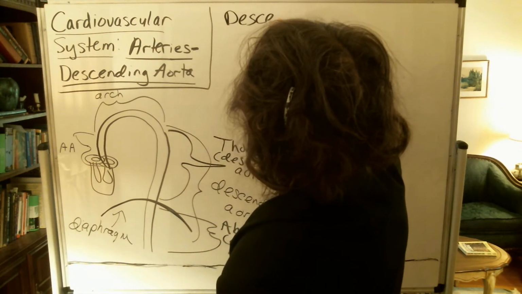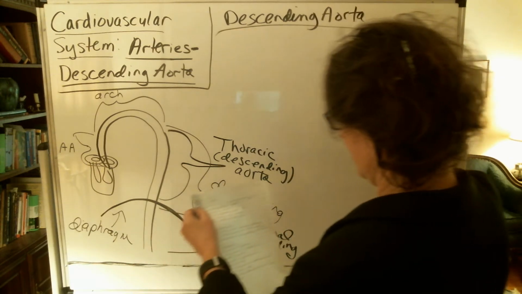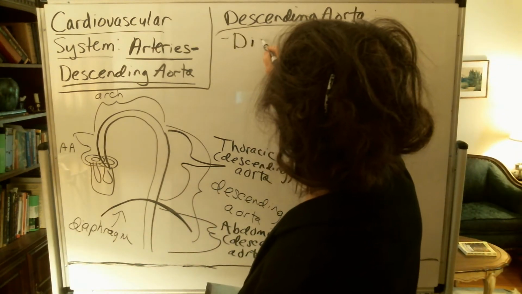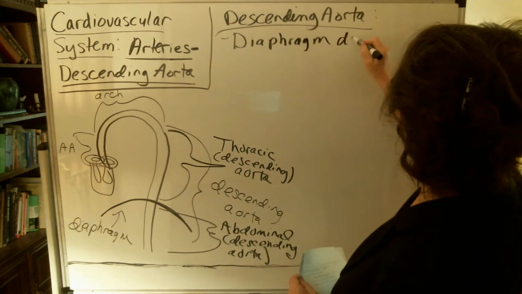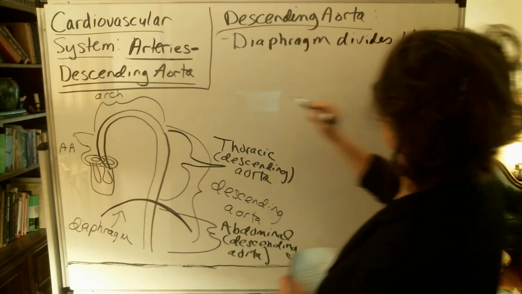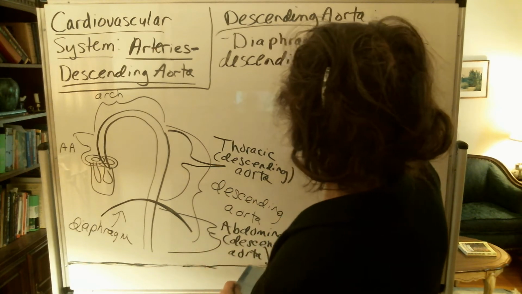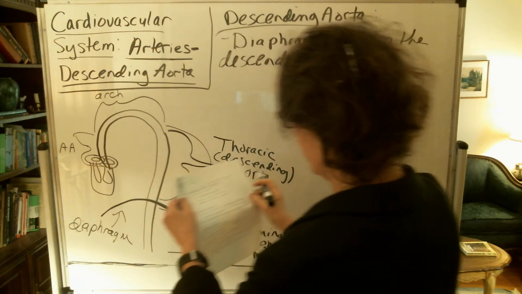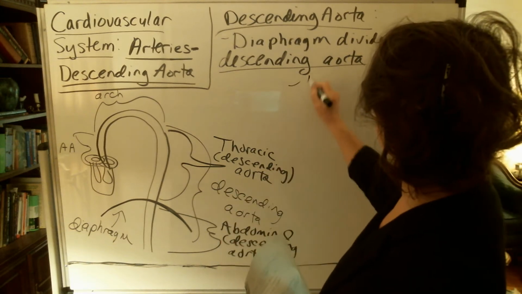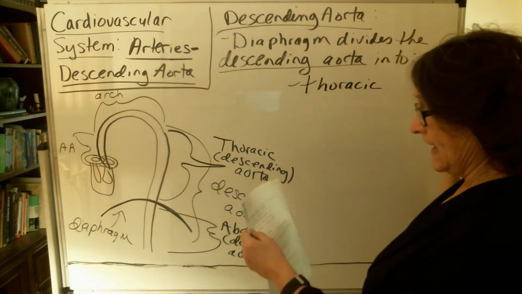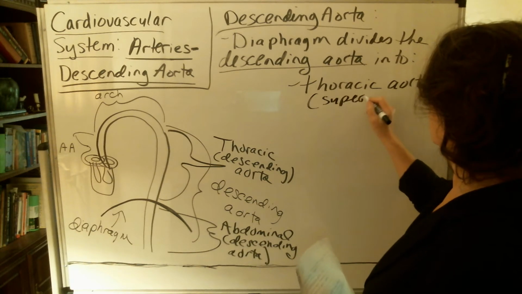So for your descending aorta, the diaphragm divides the descending aorta into the thoracic aorta, which is the superior portion.